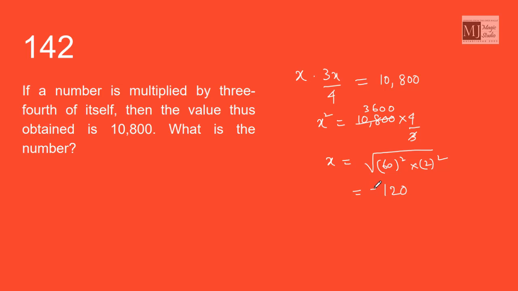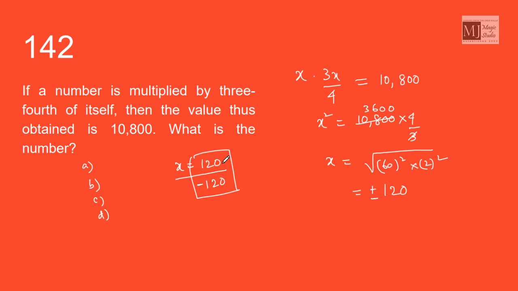But if we use that mandatory plus minus sign with x, so x can take value plus 120 or minus 120. Now it entirely depends upon the option given, which option we need to select, positive or negative.